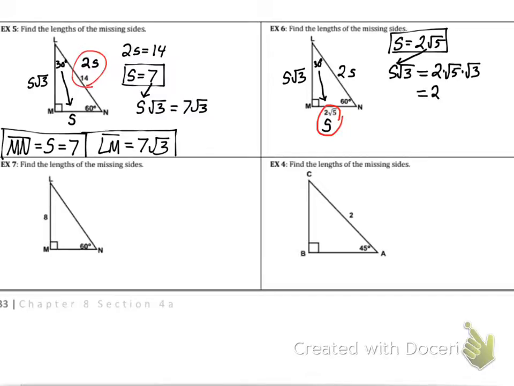We can simplify it by going 2 times square root of 5 times 3, which just equals 2 times the square root of 15. Can I simplify square root of 15? Does 4 go into it? No. Does 9 go into it? No. So whatever side is S square root of 3, which turns out is LM, equals 2 square root of 15. So LM equals 2 square root of 15.